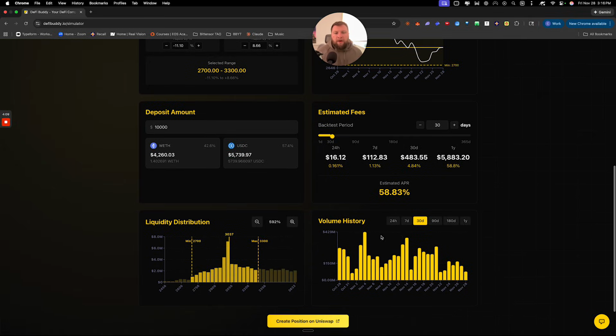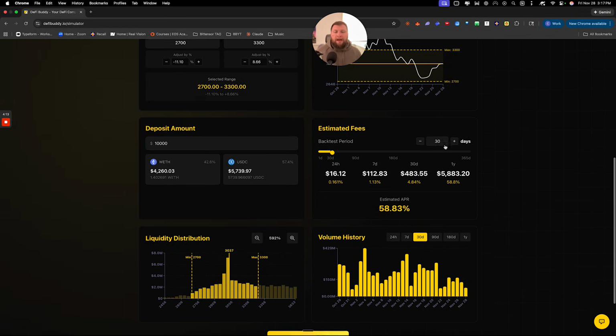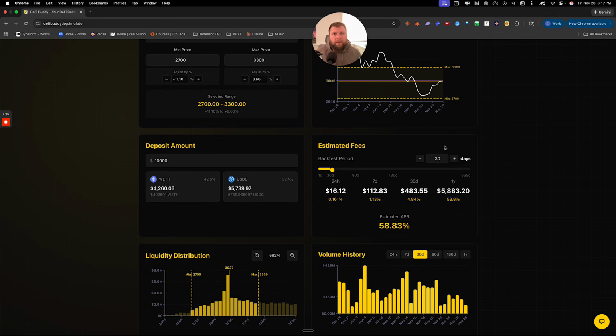Step number three is for us to look at the estimated fees and backtest various time frames. What I like to do is look at different time periods. I like to look at the last 2 days, the last 7 days, the last week, the last 2 weeks, 14 days, the last month, so the last 30 days, and then I like to expand it and look at the last 3 months as well, the last 90 days.